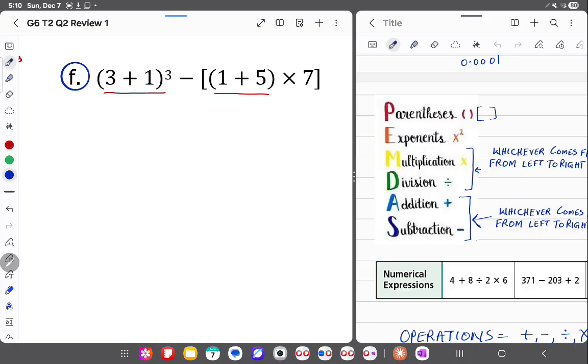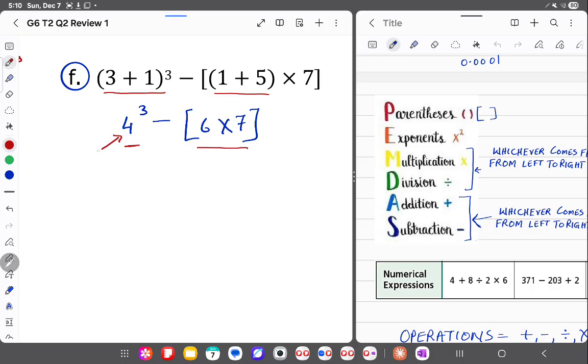We get 3 plus 1 is 4 to the power of 3 minus parenthesis, 1 plus 5 is 6 times 7. Now I can either solve this one and then solve this one, both.